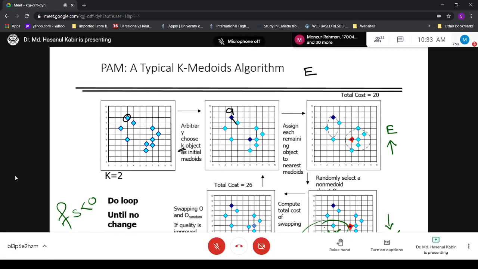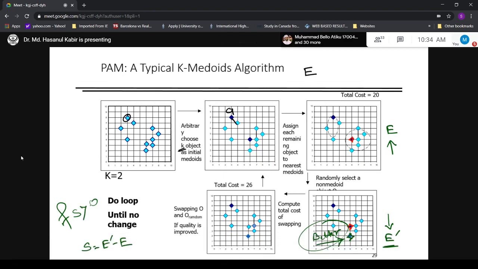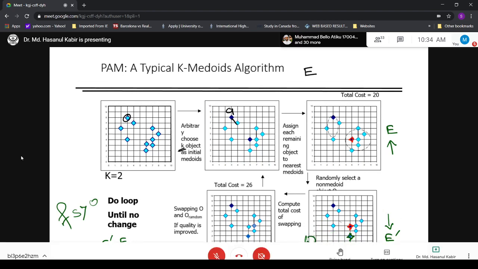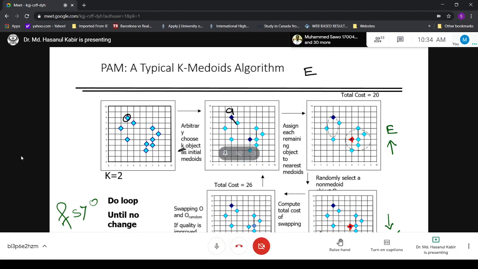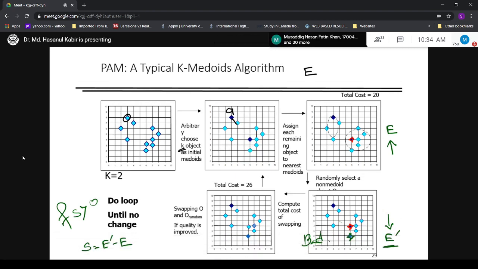But if it's the other way around, if S is positive, what does it mean? The red one is better, that means whatever new one you have picked is giving a bad clustering result in terms of this cost function, or criteria function. Is this understood?